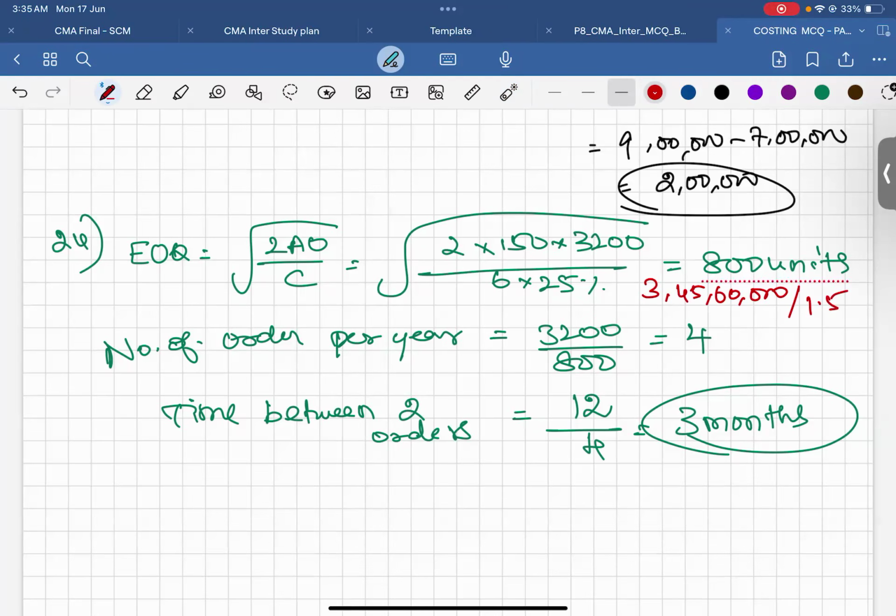Okay, where did I miss it? 3456000 divided by 1.5. If I take root of 2304000, something is wrong. Just a minute, wait.